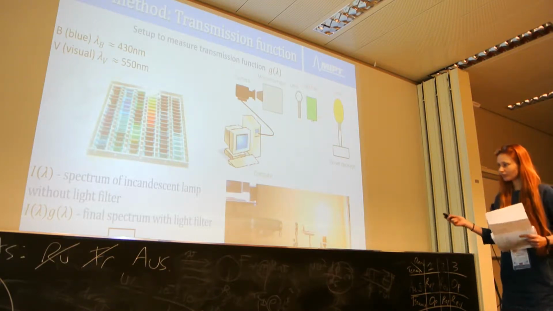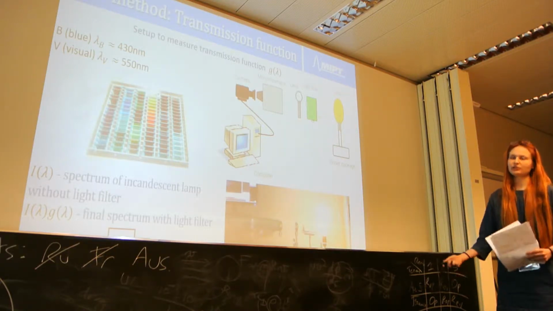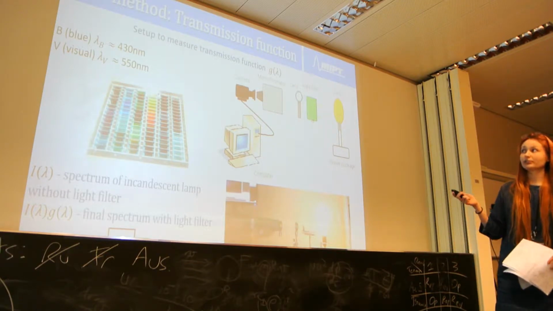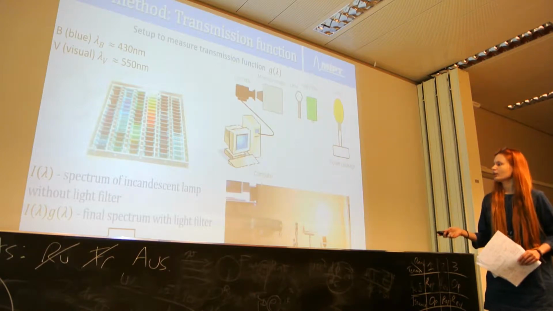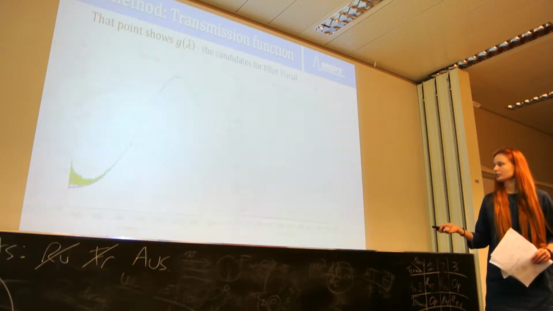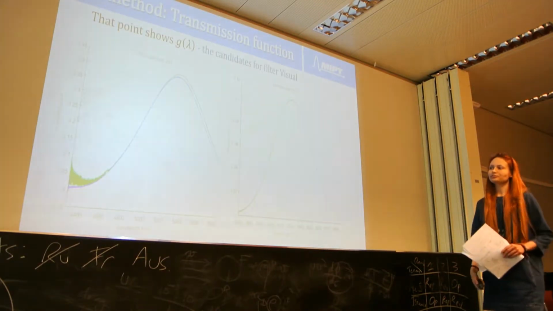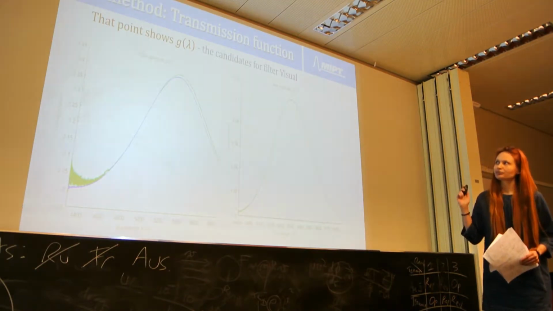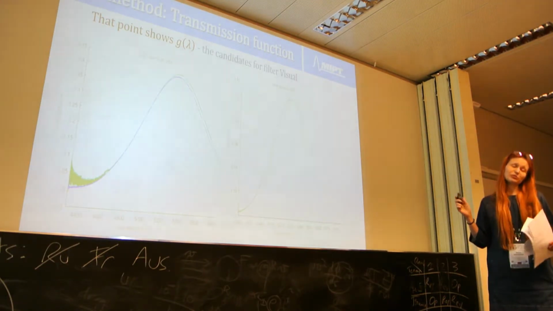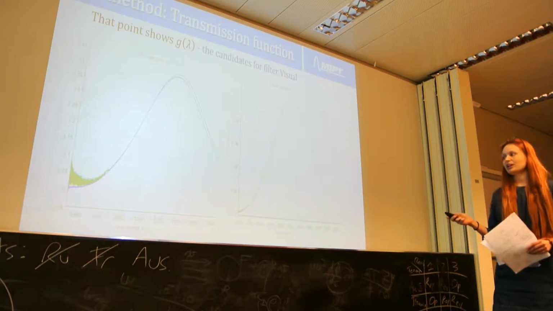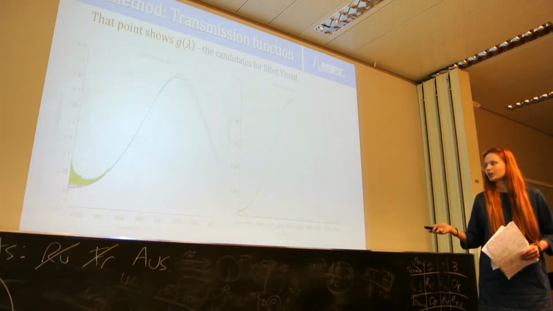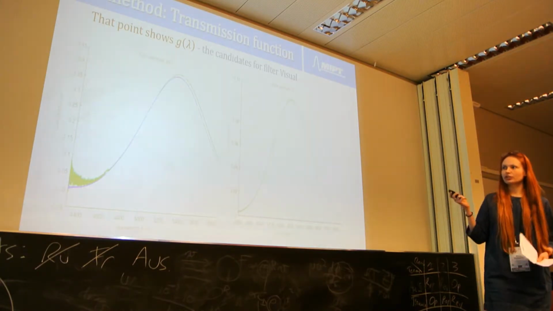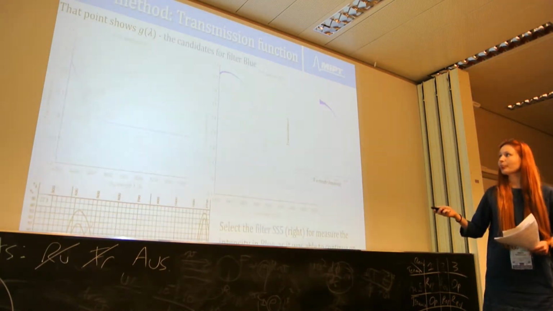I took the best photometric standard for astrophysics, blue and visual, and conducted this experiment. I can get candidates for the visual filter. I chose ZS2 because it has a narrower wavelength range.